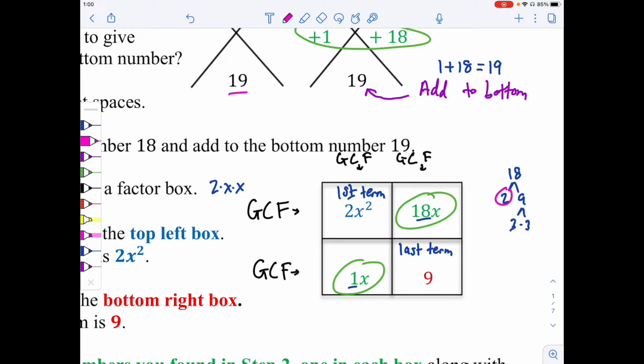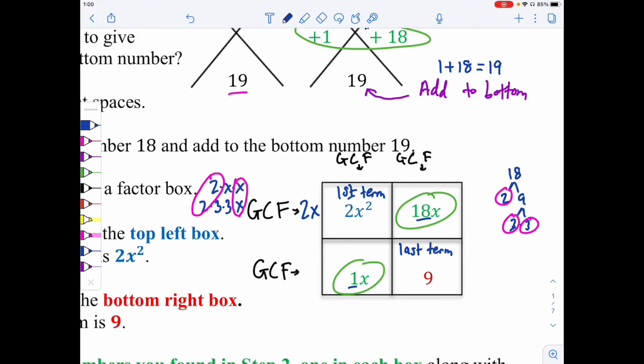So those factors are 2, 3, 3, and x. So our GCF, remember, is what's common. This is common, and this is common. So our GCF is 2 and an x. So it's just 2x that goes right there, finding our greatest common factor of this row.